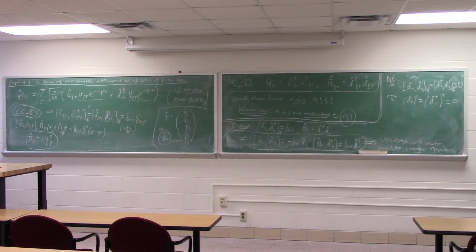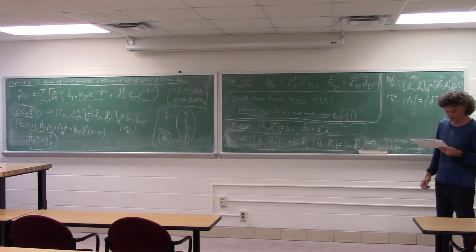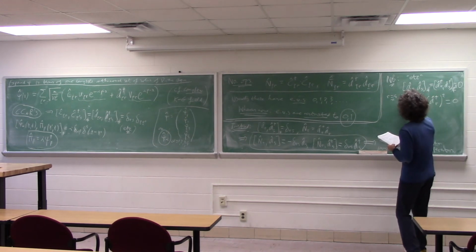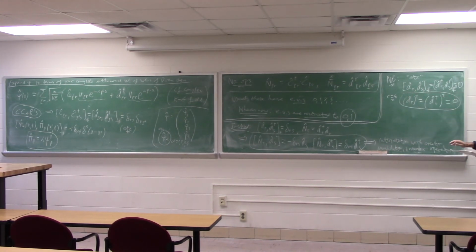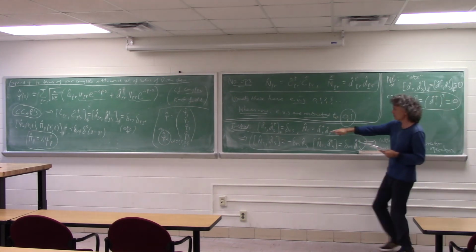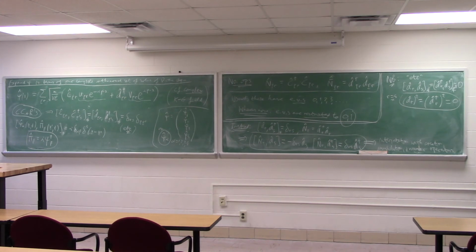The square of the annihilation and creation operators are now 0. So this is new. You don't have that usually. This comes from the fact that we have anti-commutators here. The square of the A's or the square of the A daggers are 0.